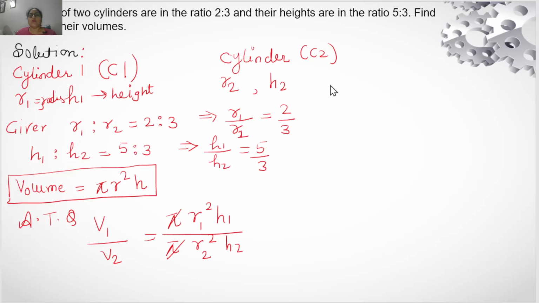Now, what we are going to get? If we see in the previous slide, we got V1 upon V2 equals to R1 square upon R2 square into H1 upon H2, right?